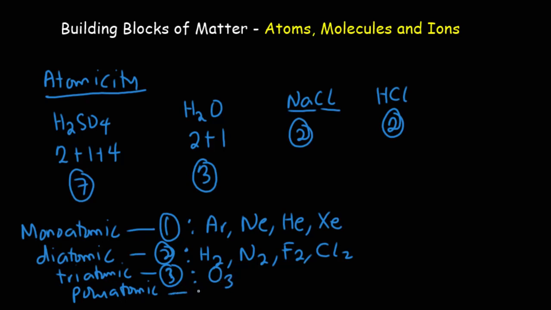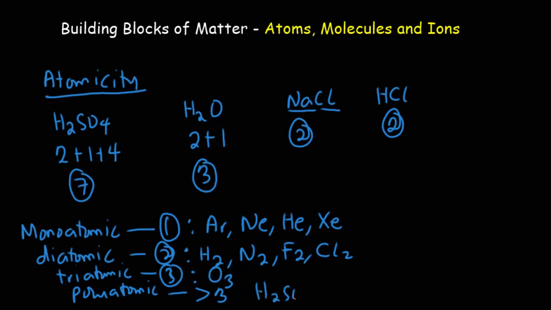Now, what about polyatomic? Polyatomic molecule is a molecule whose atomicity is greater than 3. So you can talk of atomicity of 4, 5, 6, 7. All are polyatomic molecules.